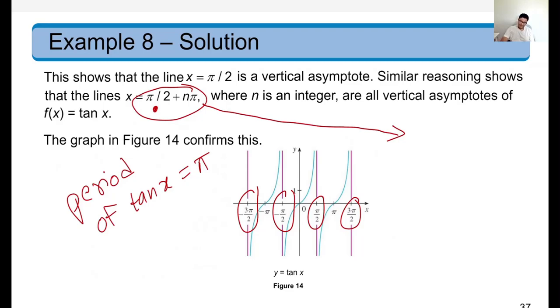Another way to look at it is, if you combine that, you will get (2n plus 1) over 2 times pi. Or you can write that as (2n plus 1) times pi over 2. 2n plus 1 means an odd number, right? So odd multiples of pi over 2 will be the vertical asymptotes.